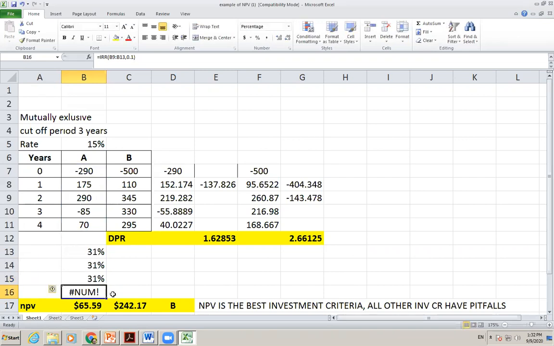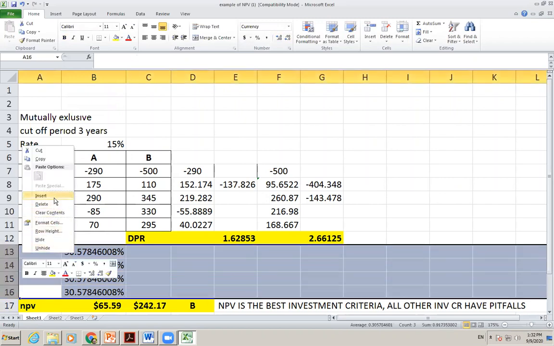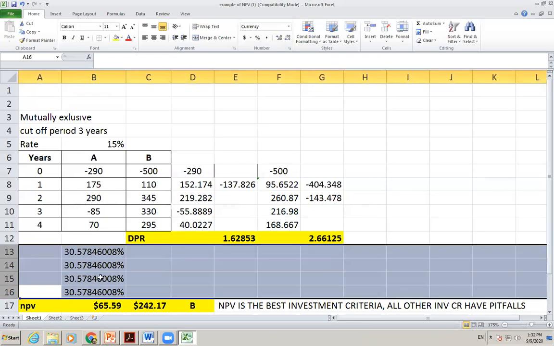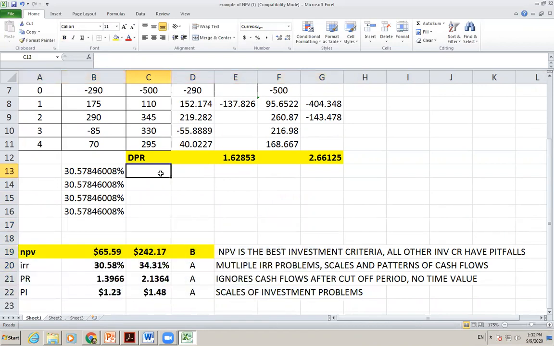Change this to 15% and change this to 20%, but shift the range here. Make it 5%, 10%. 20%.